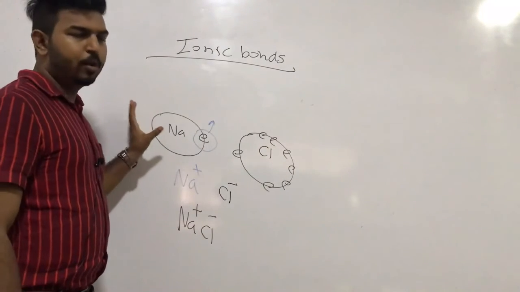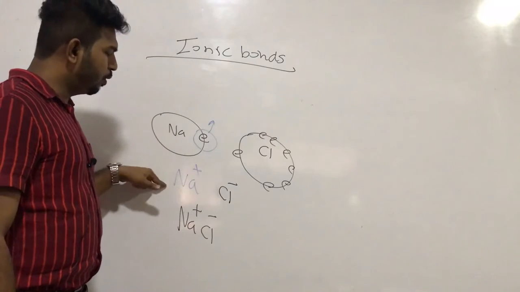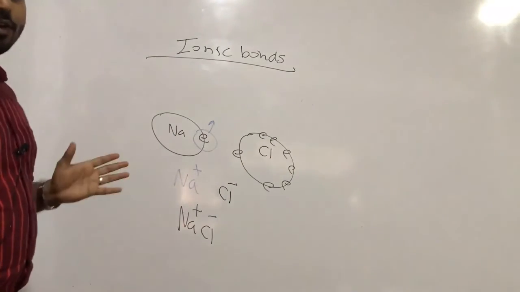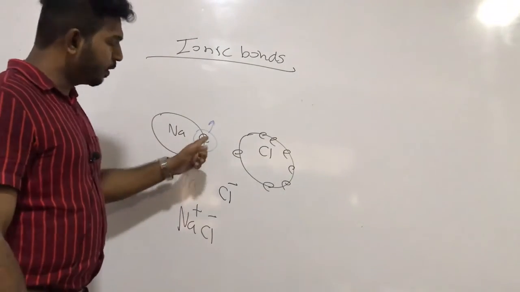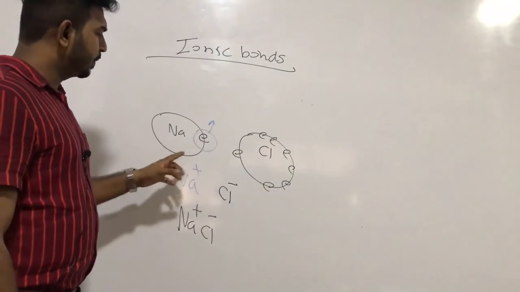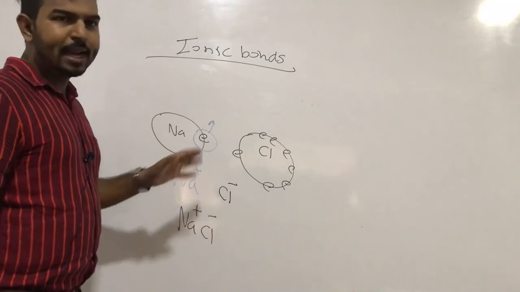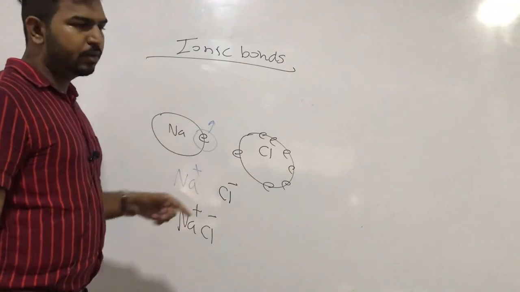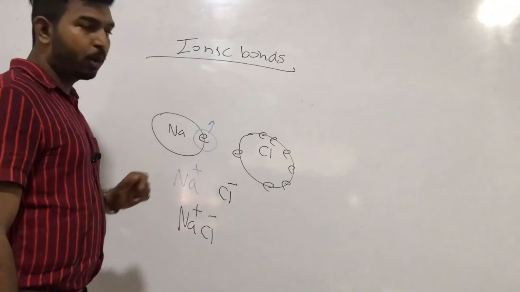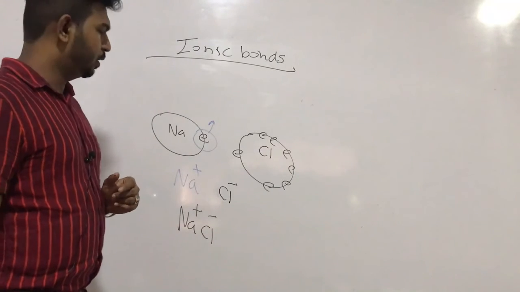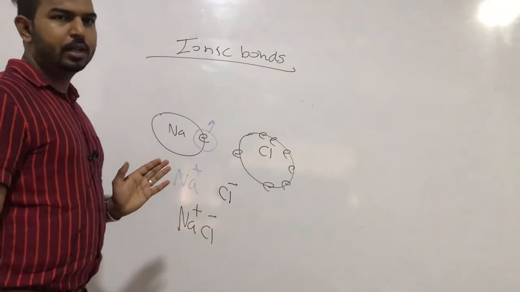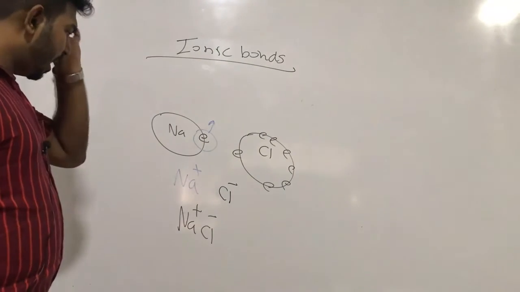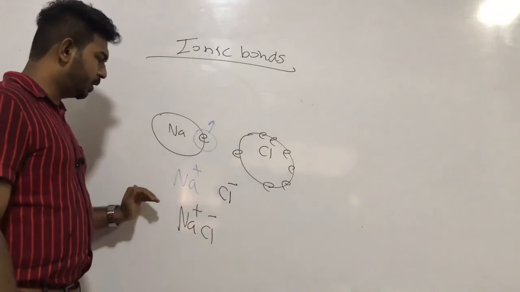A more electropositive atom will remove an electron, and the most electronegative atom will receive the removed electron and becomes an anion, or negative ion, and the atom which removed the electron becomes a positive ion, or cation. The electrostatic attraction between this plus and minus ion is called the ionic bond.